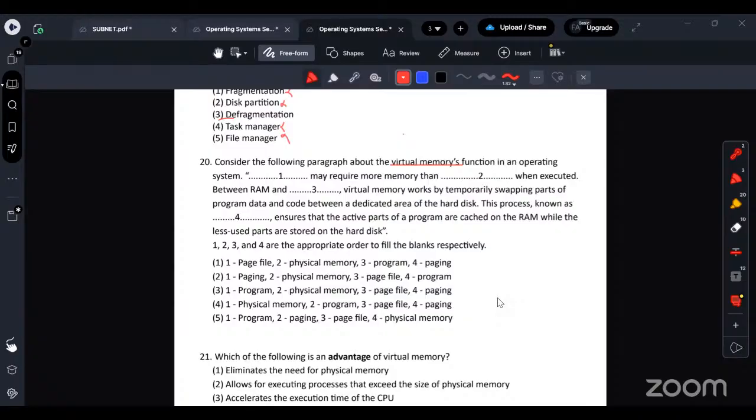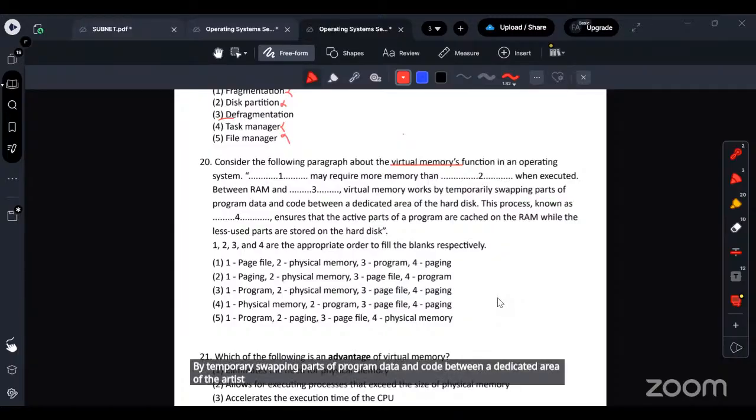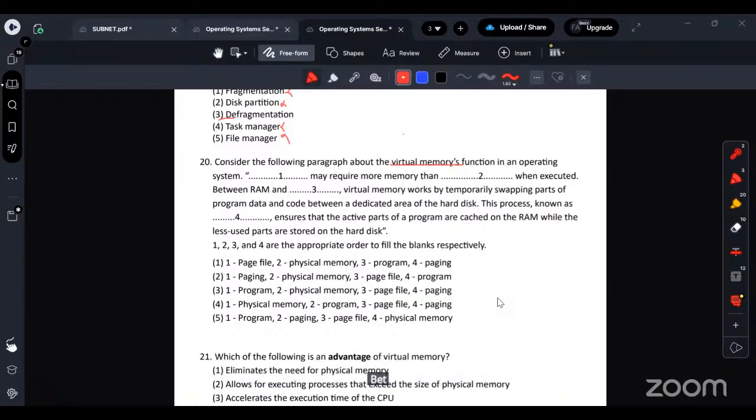Then between RAM and page file, virtual memory works by temporarily swapping parts of program data and code between a dedicated area of the hard disk. Between RAM and what? Between RAM and page file. So last one, this process is known as what? Paging.